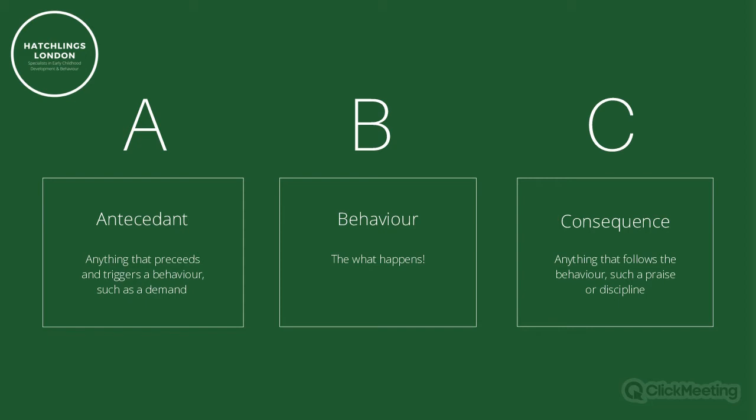And the C is for the consequence, anything that follows the behavior, such as praise or a discipline. It's quite easy when we're looking at behavior to break it up into ABC charts to really find a consistent pattern. If you take this data over, say, a week, you could really see a consistent pattern in behavior, and that's how you find out how we can replace and teach the functional behavior.